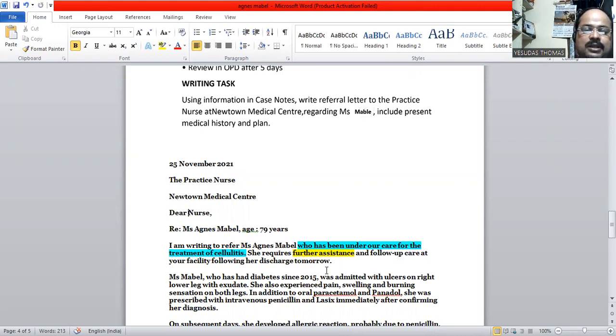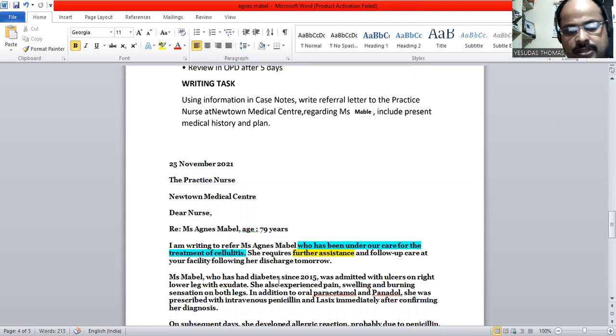She requires further assistance and follow-up care at your facility following her discharge tomorrow.